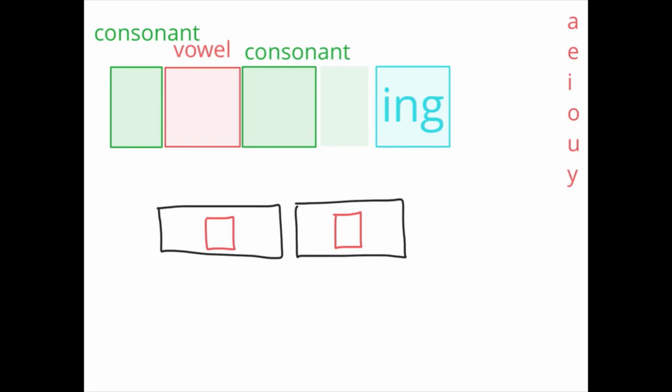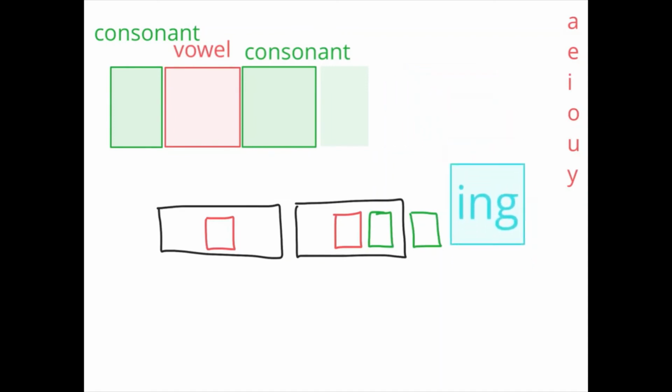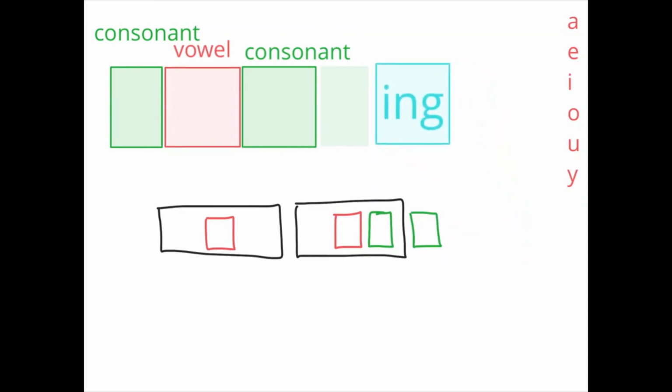To make our decision about whether or not we're going to double the final consonant, add another one, and then add our ing, if the word has more than one syllable, we still only care about this syllable. We look at the vowel and it needs to be just one letter. We look at the last consonant and it needs to be just one letter.